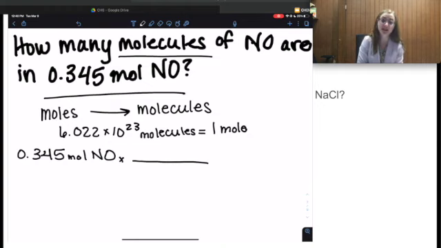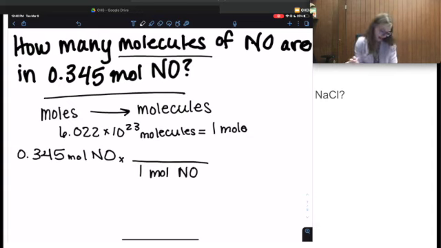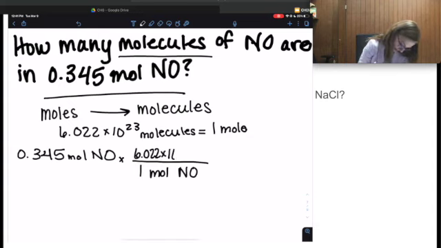So in that case, what I have to be absolutely certain of is I'm making sure that my units cancel out. So if I have moles of NO on top, I want to put that 1 mole down on the bottom. And then I have 6.022 times 10 to the 23rd molecules of NO at the top there.